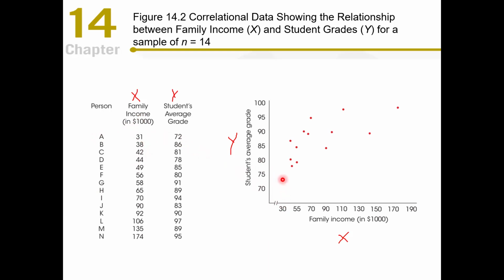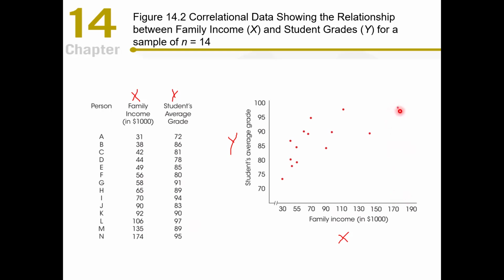Let's go to person N. Their family income is $174,000, and that is all the way out here. And their average student grade is 95. So this $174,000 here, and we see that they have an average grade of 95.